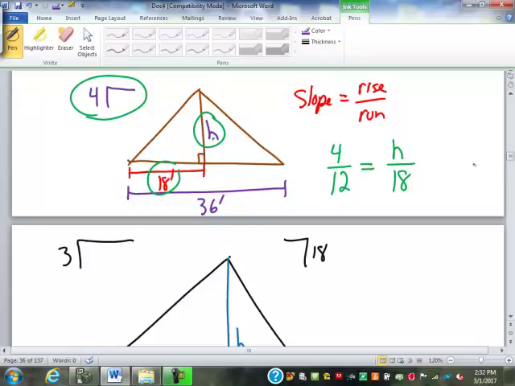In this one, you would just cross multiply and divide because there's only one unknown. If there's two unknowns, remember you cross multiply in both directions, and those two amounts have to be equal to each other. Well, here there's only one missing number, that's just the H, so we're just going to cross multiply and divide. 4 times 18 is 72. Divided by 12 gives us that H is 6. So this truss is 6 feet tall.